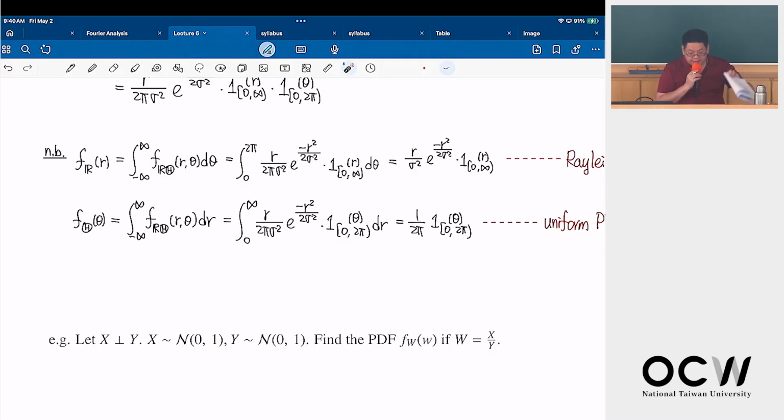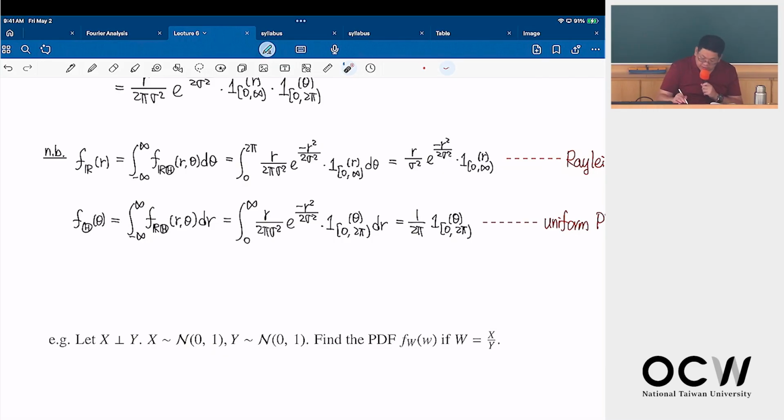Since X divided by Y is a little bit complicated, we can also try to add another random variable to help find the PDF of W. It is called the auxiliary random variable.